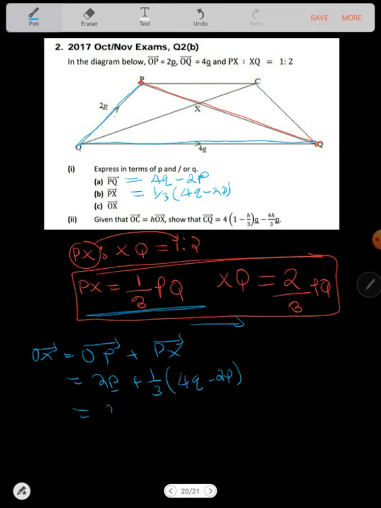Now you need to evaluate this further. 1/3 times 4Q is just 4Q over 3, minus 1/3 times 2P, which is just 2P over 3.